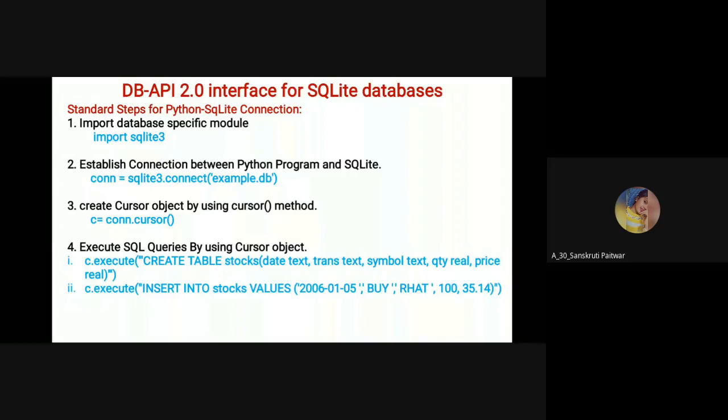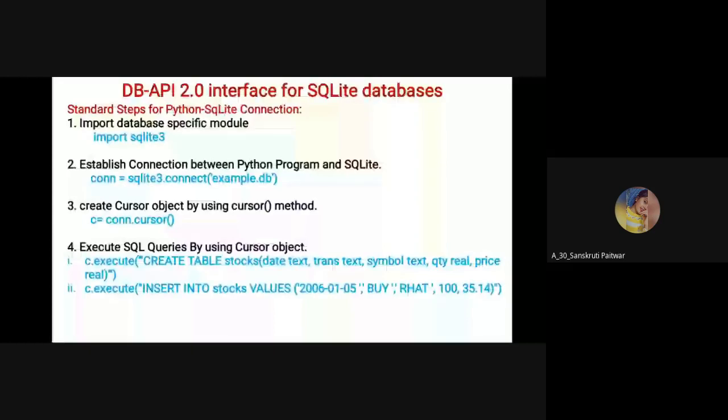So you can see 1, 2, 3, 4, 5 columns are there, and then the stocks table will be created. Now, if you are executing the program the first time, then this table will be created. If you are executing the program a second time, then you will get an error because the stocks table is already present, so you cannot create the same table again.